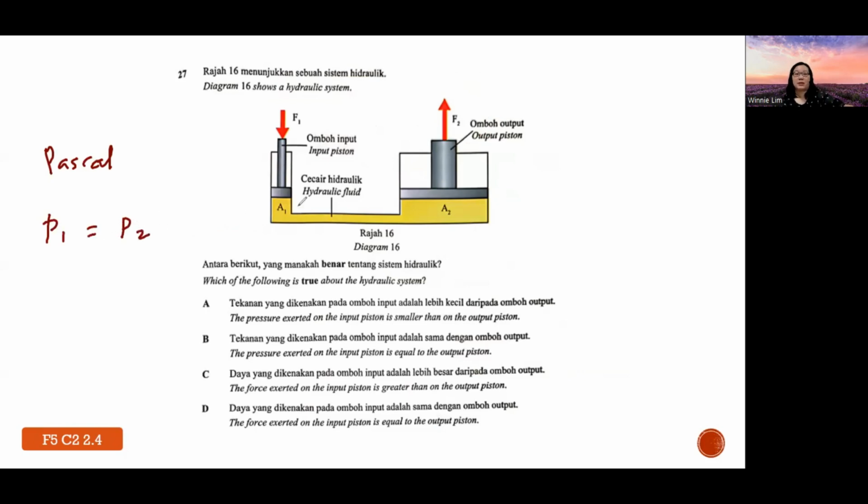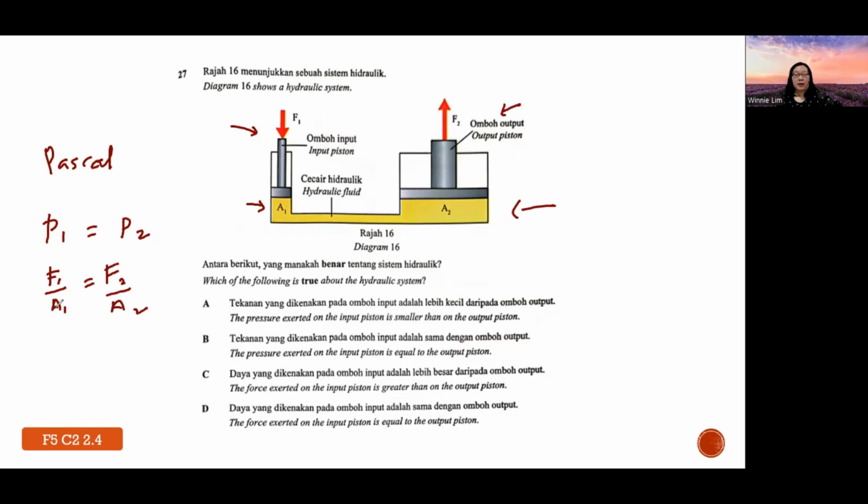Why it is so good under a hydraulic system is if they have a smaller area, the force applied will be less compared to the bigger area, and then the force produced is big. So we always have this formula F1 over A1 equals F2 over A2.